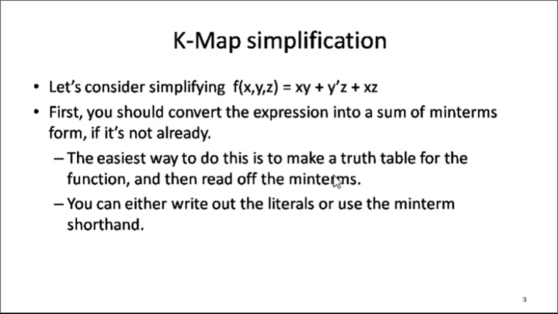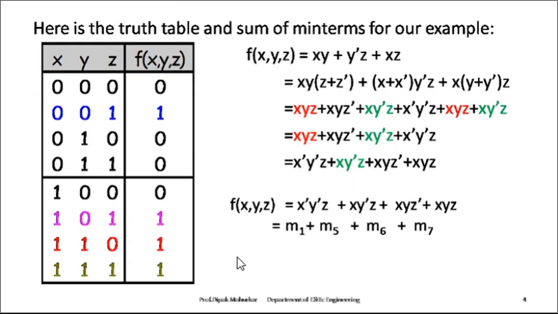So in the simplification method, what we have to do first is convert the expression into sum of minterms form. If it is not already in that form, then we can convert it into the sum of minterms form. Here are the truth table and sum of minterms for our example.